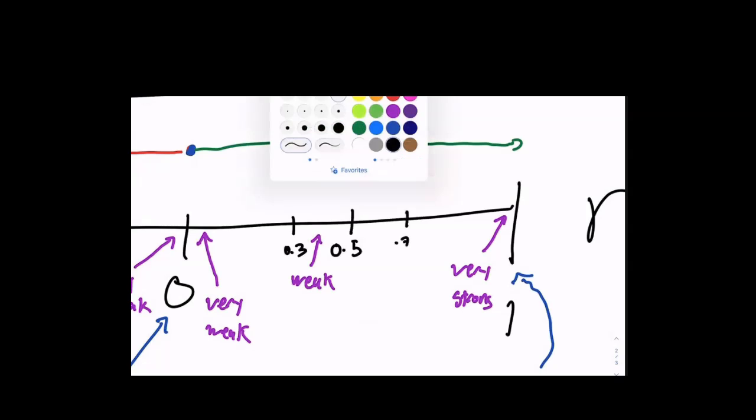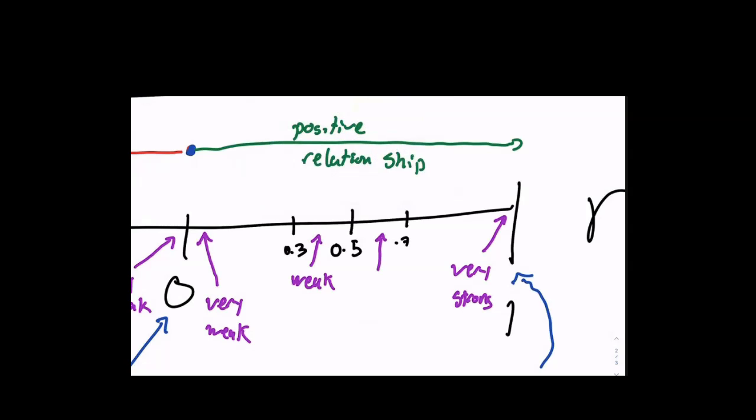And so if R lands between 0.5 and 0.7, we typically consider that to be, no, look at yesterday's notes. Is it moderate? Moderate. I'll say moderately strong.